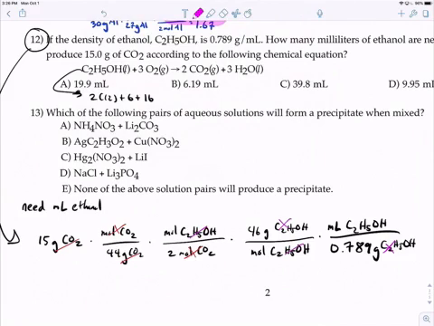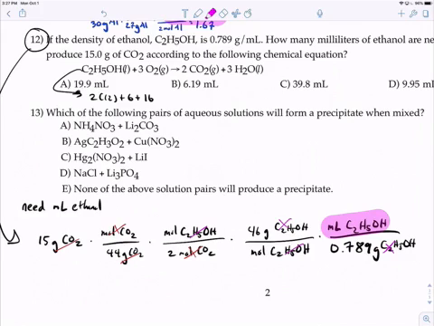And you are left then with milliliters ethanol that you need. A lot of people have a hard time remembering to divide out the density. And the trick with dimensional analysis, like I said, is to start with what's given to you and then work your way towards what you need.